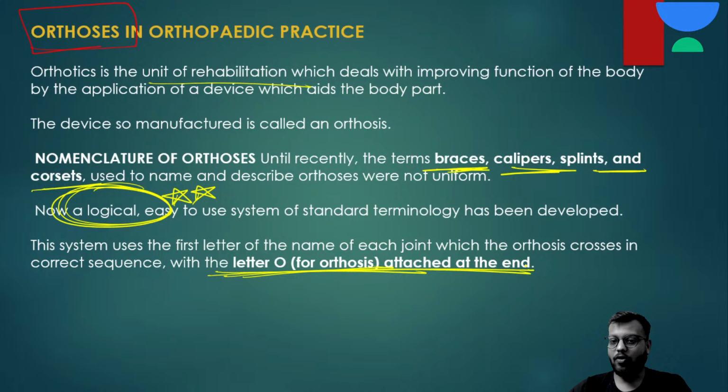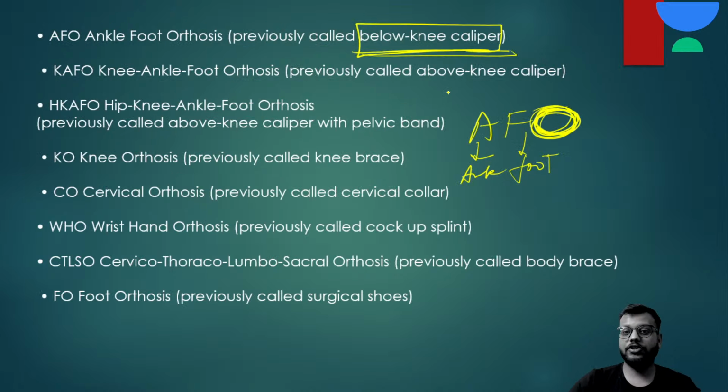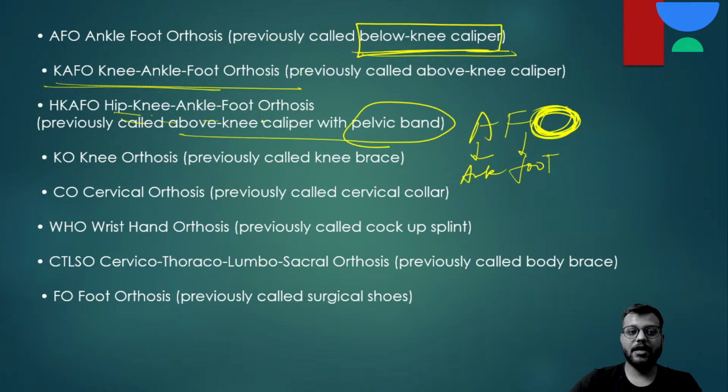Okay, like for the above knee इसमें knee भी add हो जाएगा knee joint पे, तो knee AFO KAFO orthosis. Okay, like above knee with pelvic band was previously called if there is some problem in your hip region also, so it is now called as a hip ankle HKAFO.